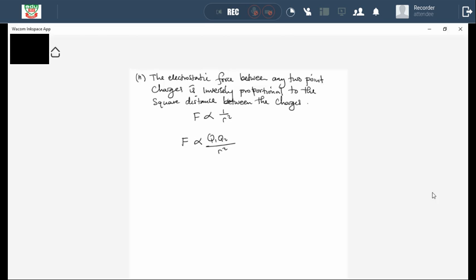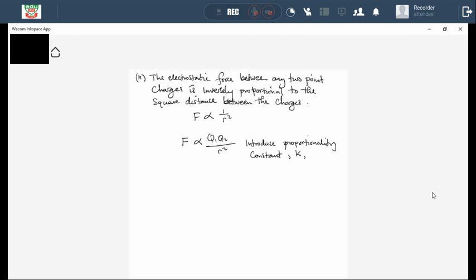Now, in science, we have a way of removing the proportionality sign, by introducing a proportionality constant, which is K. The value of that constant is given and it doesn't change.